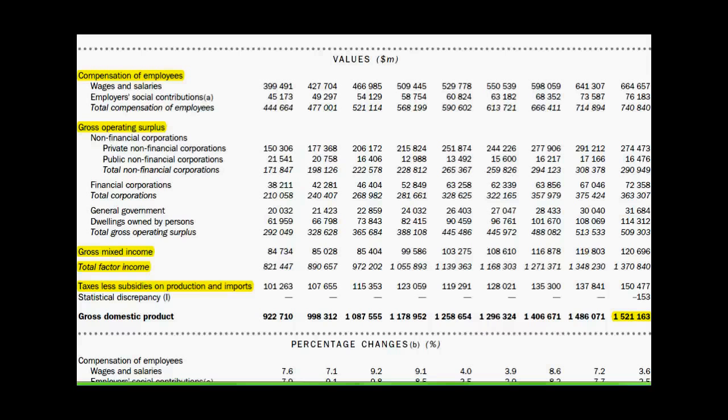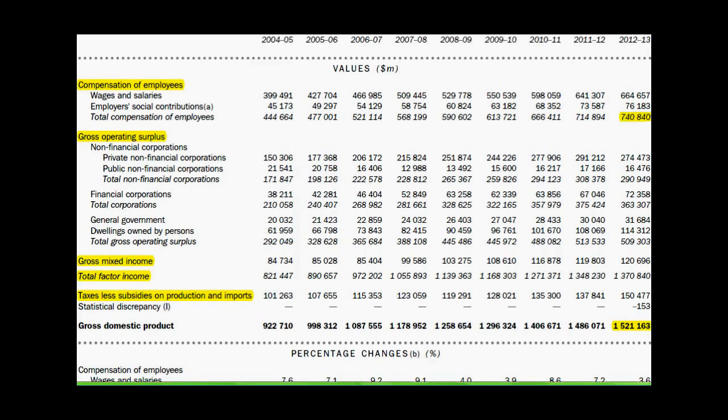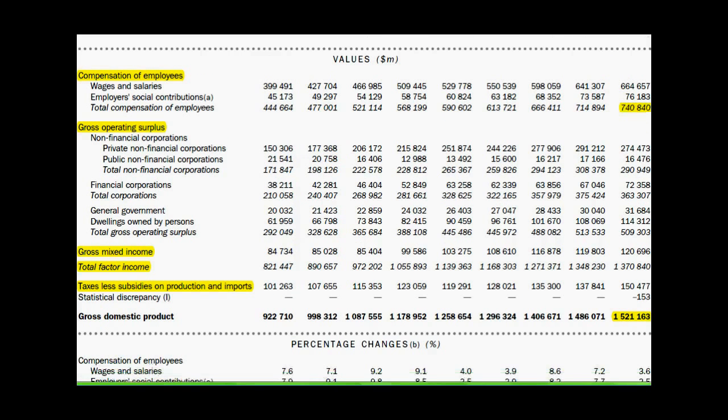Incidentally, let's just quickly have a look at the difference between, this is for 2012-13, wages and salaries in total, compensation, and total gross operating surplus. Yep.